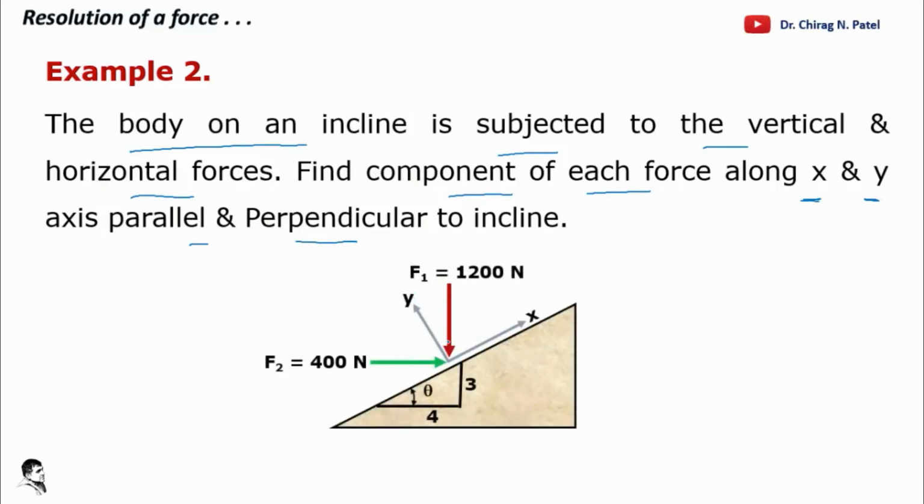This is an inclined object, and on it two forces, F1 and F2, are acting. We have to resolve these two forces into components with respect to x and y. The x is parallel to the slope and y is perpendicular to the slope, and the slope is given here, that is 4:3. So we need to resolve the components accordingly. Let us see how to resolve it.